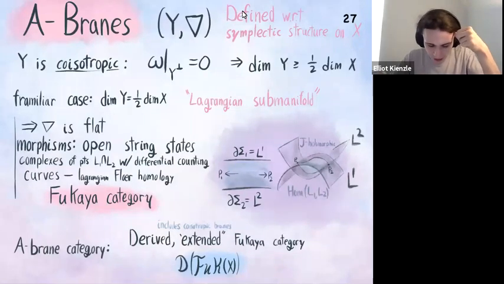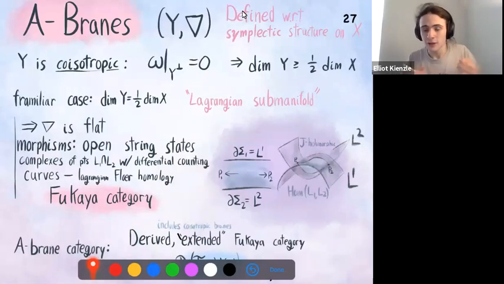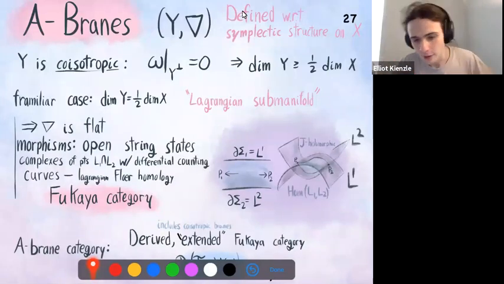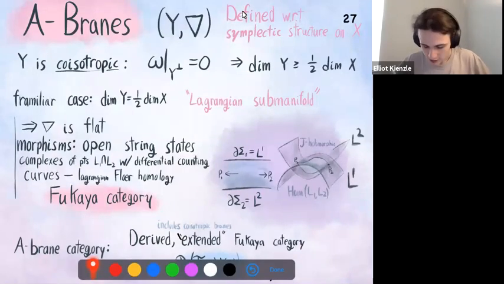Some people take it as essentially this construction that I was doing up here, just with Lagrangian submanifolds. Other people take it as the thing which you need to get mirror symmetry to be true. That is, you include all these coisotropic manifolds and stuff. I'm just going to call this the Fukaya category. So basically the category of A-branes is the derived Fukaya category.